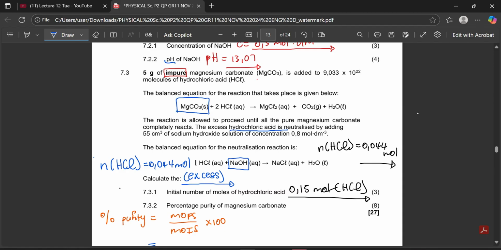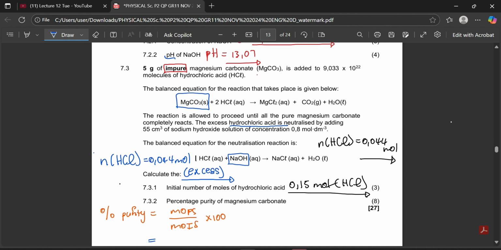Remember, those are the number of moles original. So we have the original number of moles, and we have the number of moles that were in excess, right? So we need to get the number of moles that actually reacted with magnesium carbonate.